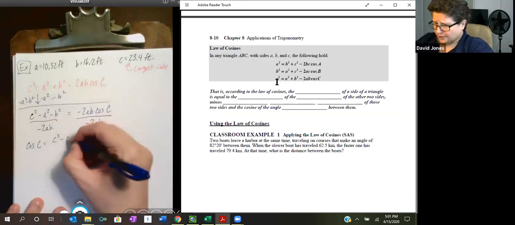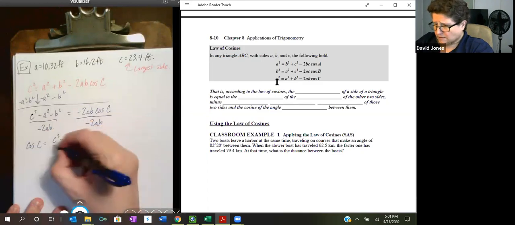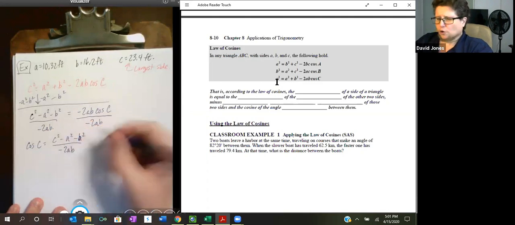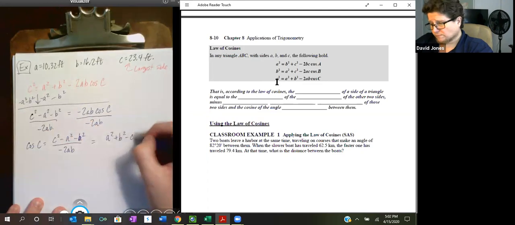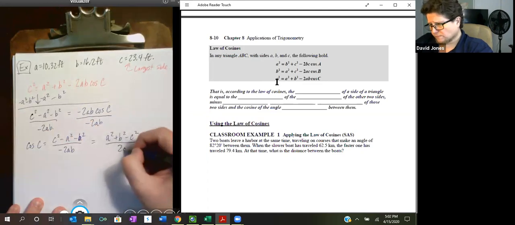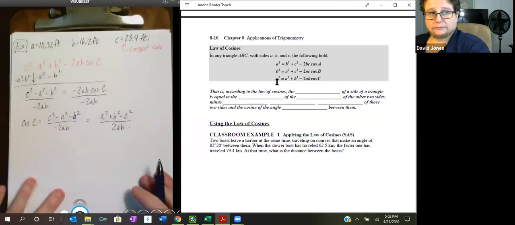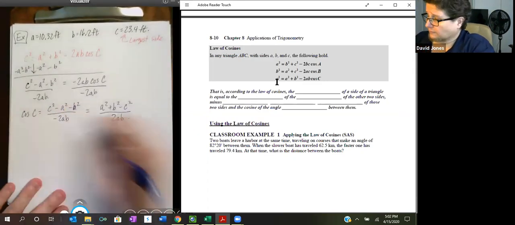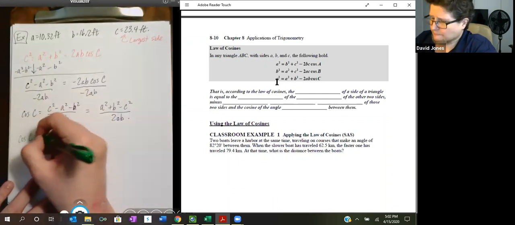You can either use it like this, or you can move that negative up to the top. Take your pick. I'll just go with the first one.